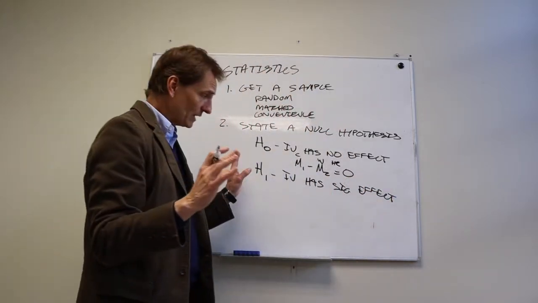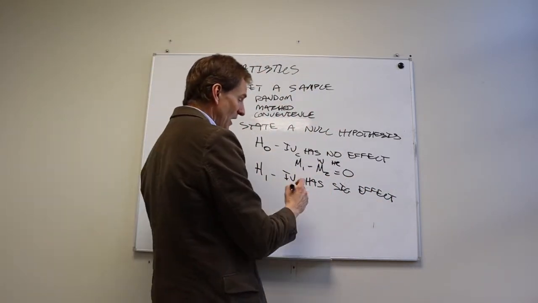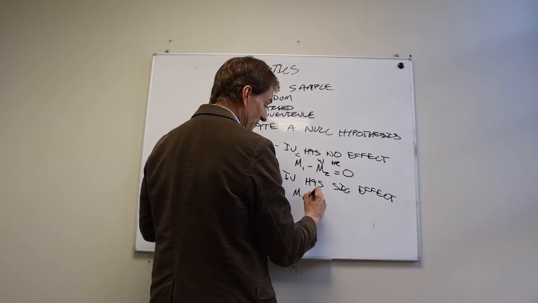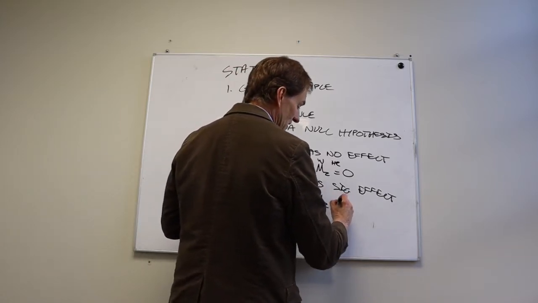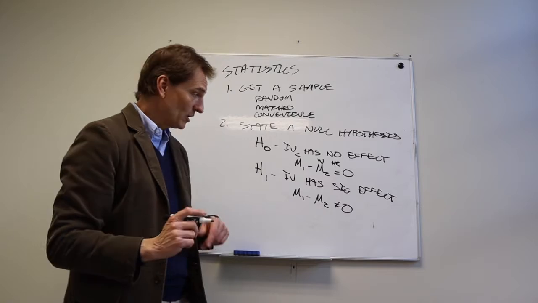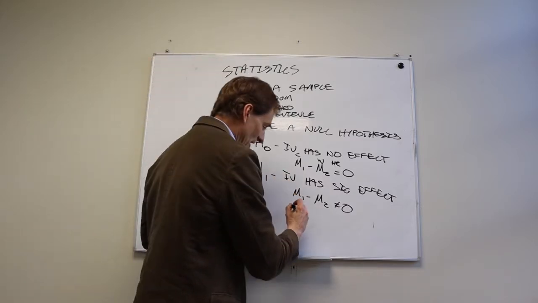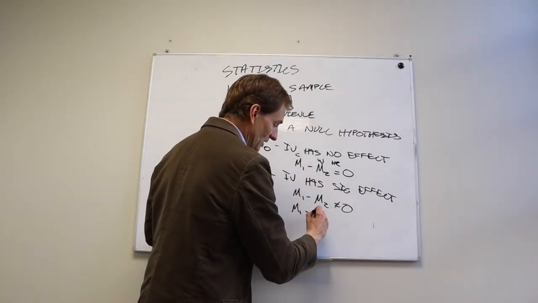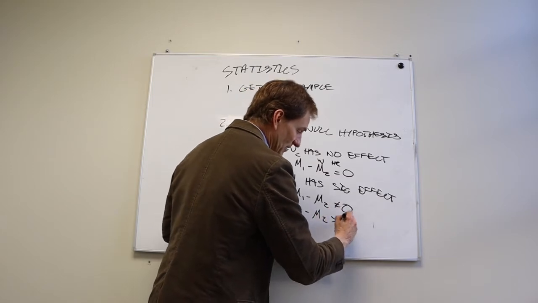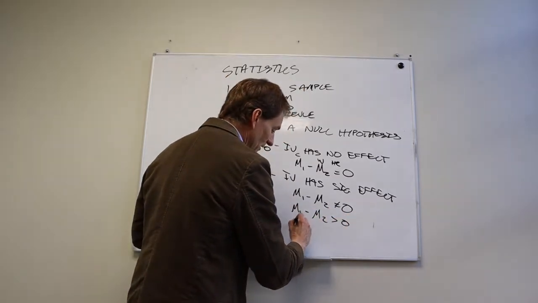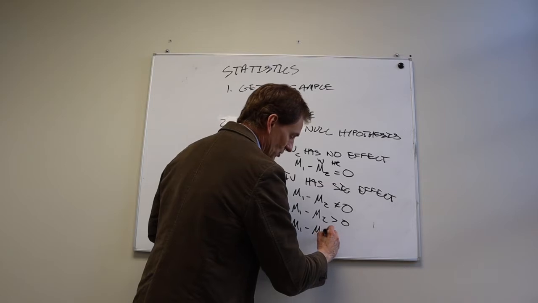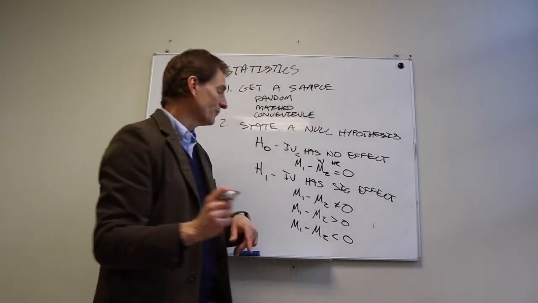This could be what's called bidirectional, where we say mean 1 minus mean 2 is not equal to 0. Or it could be a directional hypothesis, where we would say mean 1 minus mean 2 is greater than 0, or mean 1 minus mean 2 is less than 0.